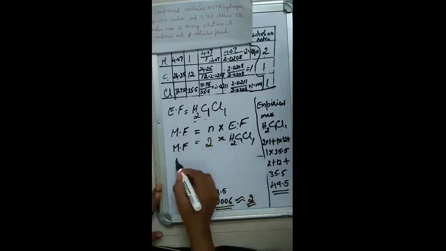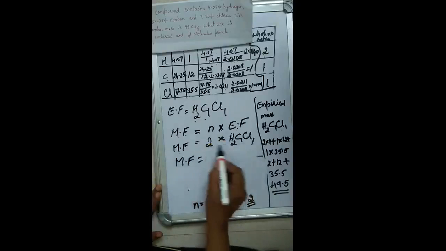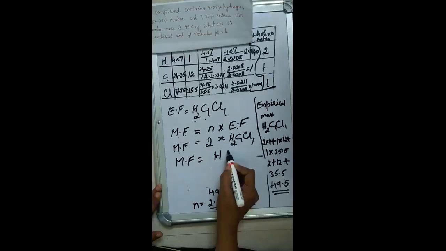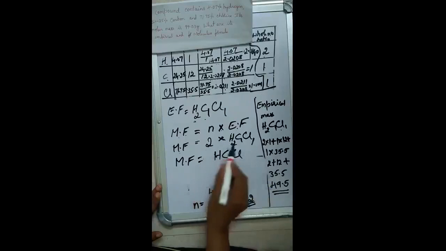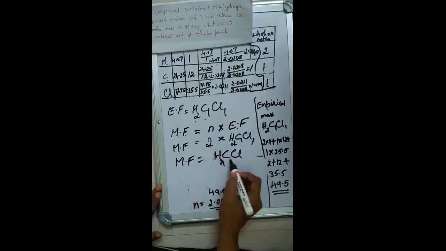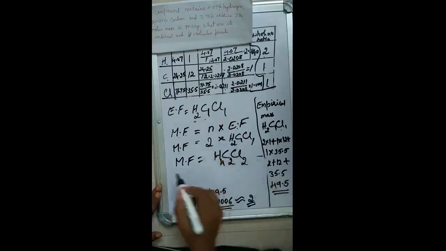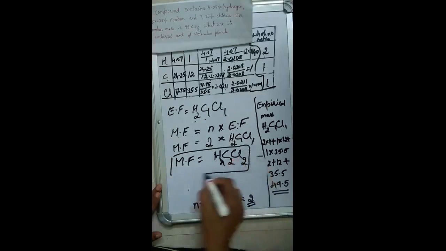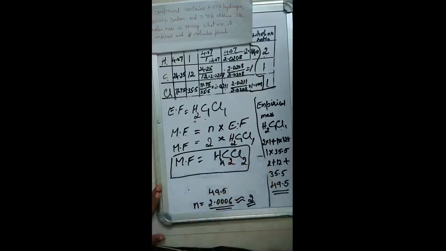Molecular formula is 2 2s are 4 hydrogen, 2 1s are 2 carbon, 2 1s are 2 chlorine. So this is the molecular formula. I hope you understood how to calculate the empirical formula and the molecular formula. This type of question is very important for the exam. Usually it is asked for 4 marks, and you can easily score full 4 marks.